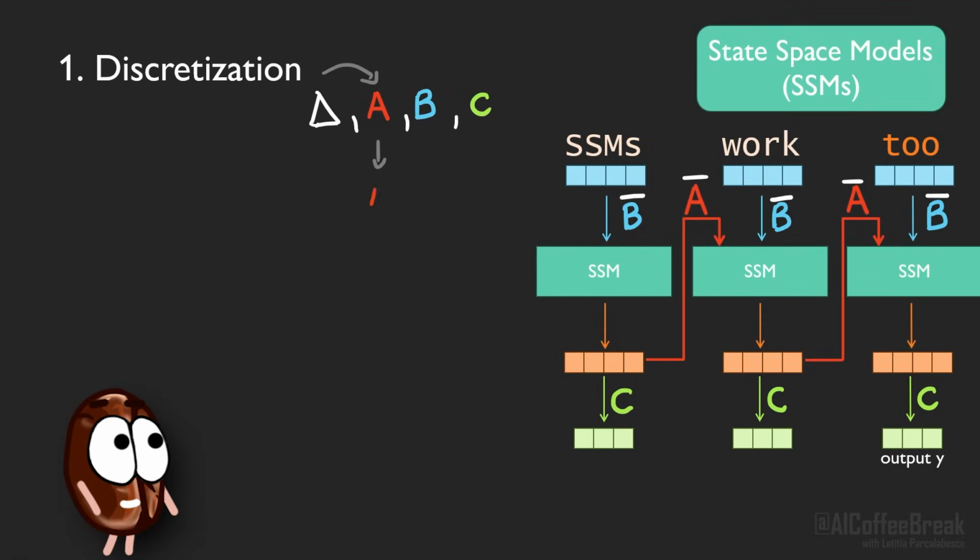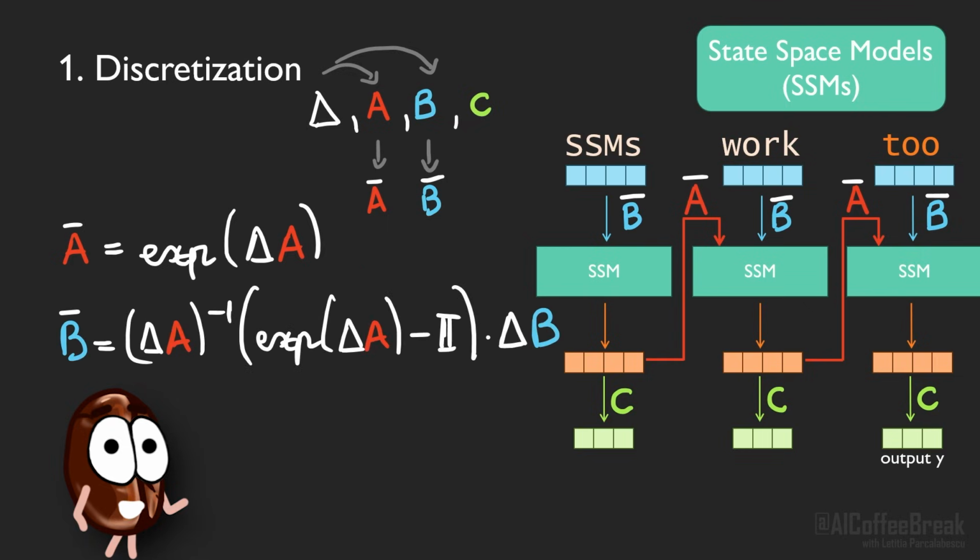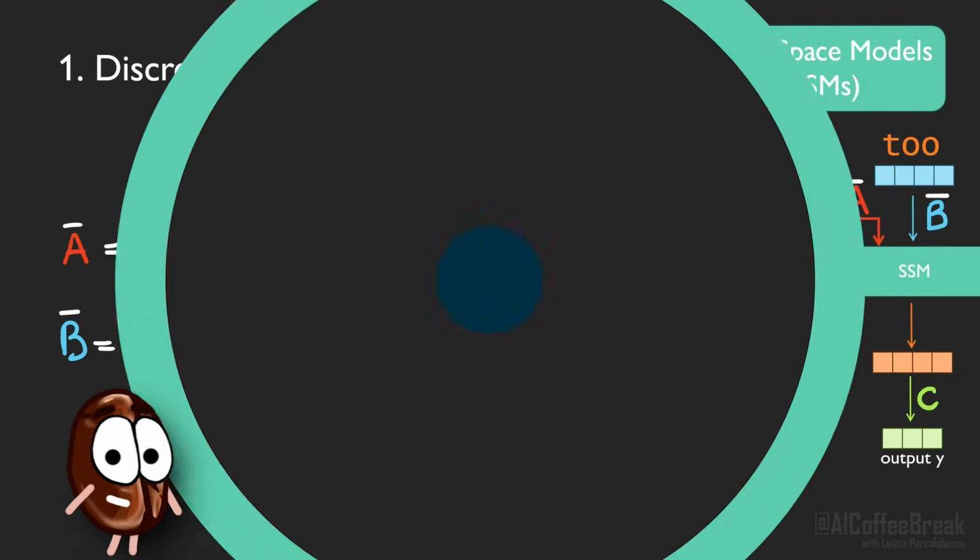Now, in even more detail, SSMs follow two steps. First, delta does something to the matrices A and B during the so-called discretization step. Here, delta modifies A according to this specific formula, so now we get A bar instead of A. It also modifies B by following this other formula, and we get B bar, which we will use further down the line when processing input vectors.